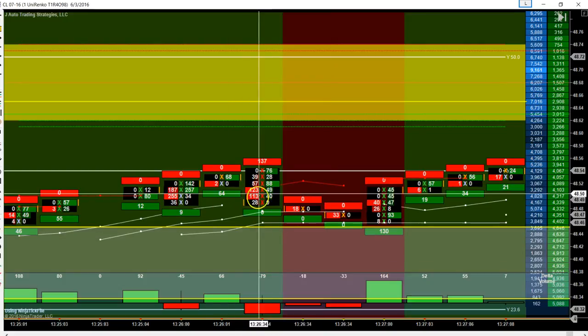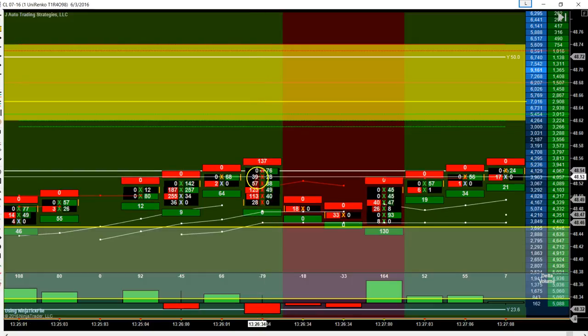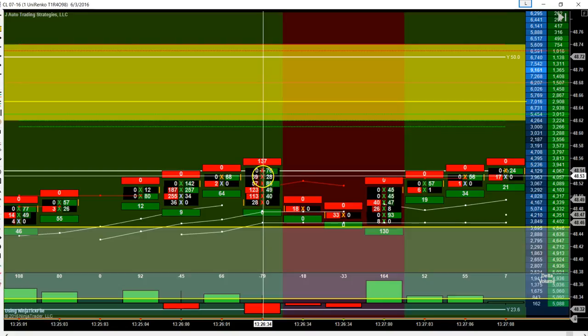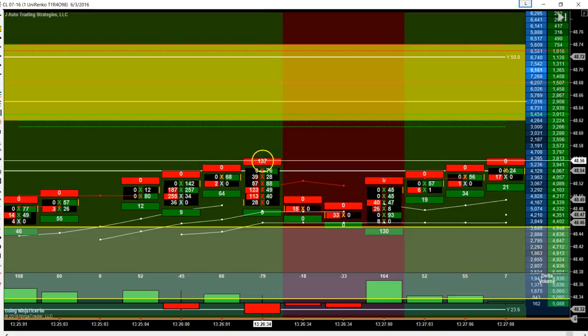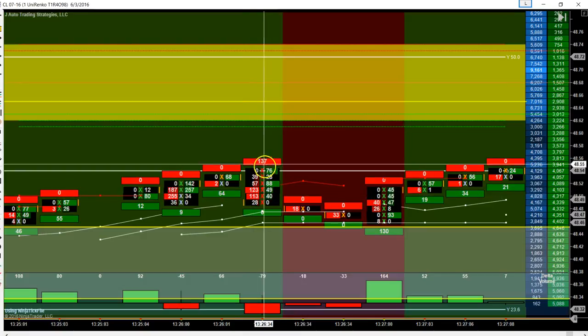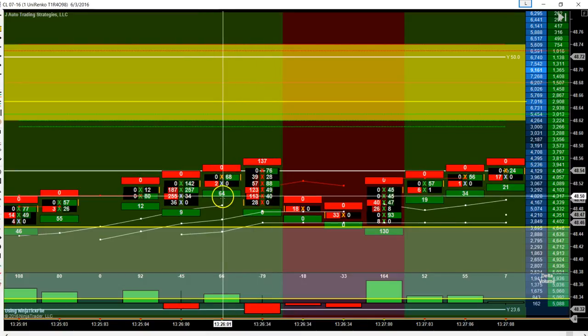Sometimes you can get a delta shift on the candle, but once these bid ask, this is the bid ask, the X, it can print red for down, and then you get your COT change, and you see the delta shift here, and then you get your flip.